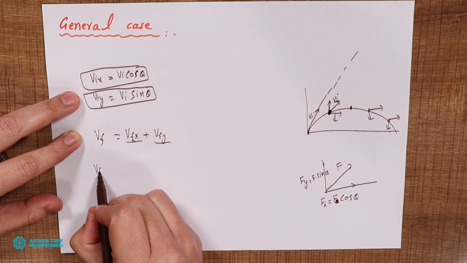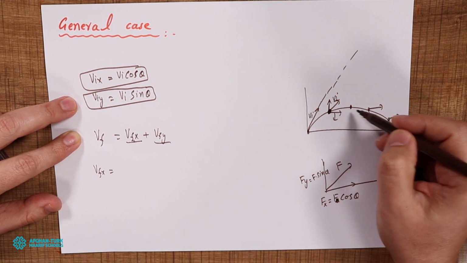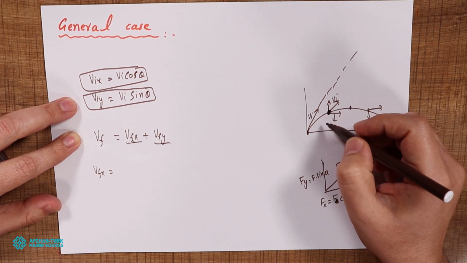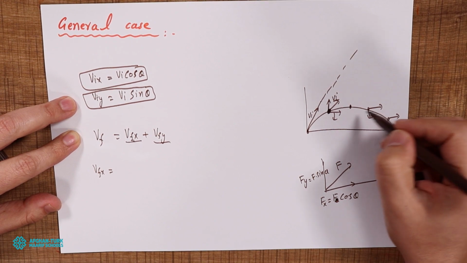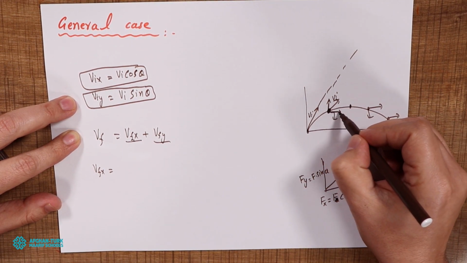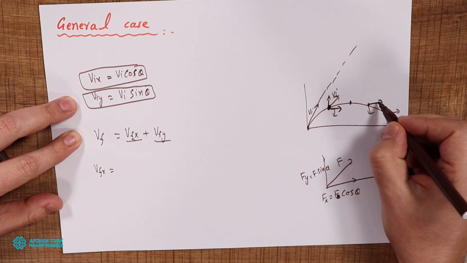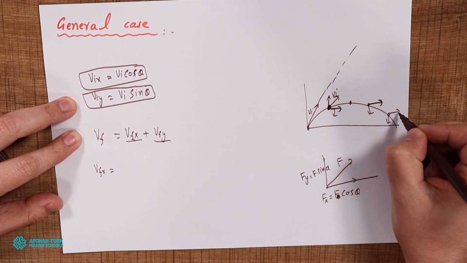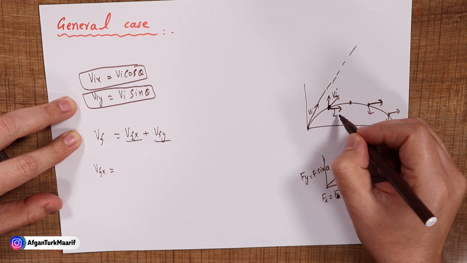So for the vfx component, we know that if we neglect the air resistance here, the horizontal component of motion we already studied, the horizontal component of velocity will remain the same. There will be no change in this horizontal component.